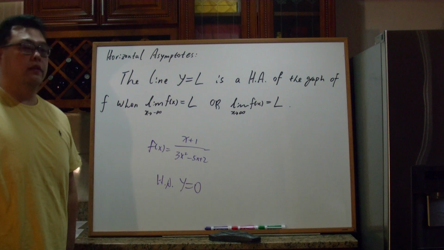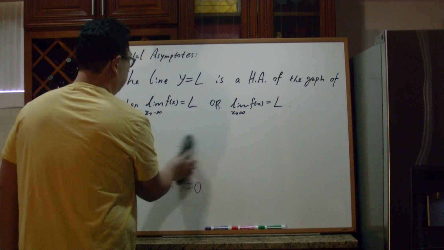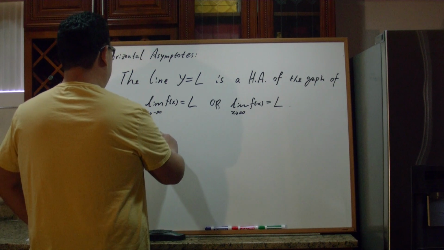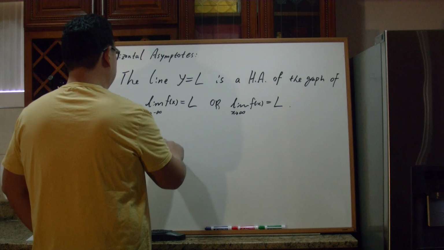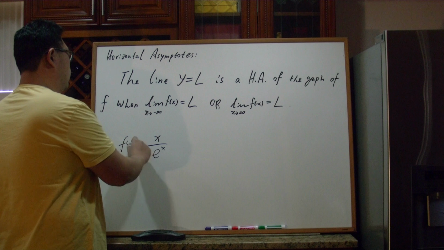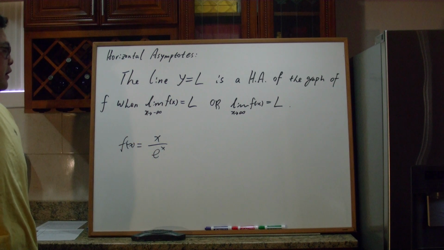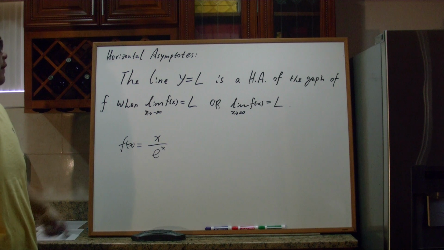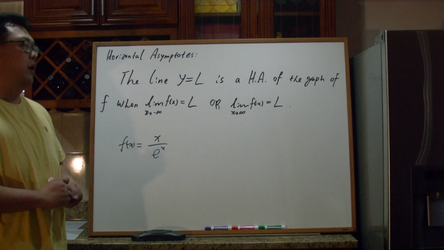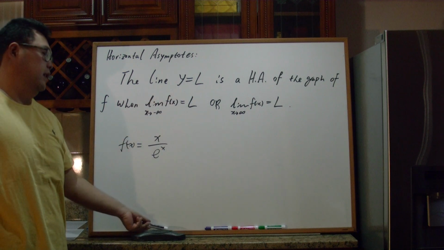That's indeed y equals 0. But for some equations we're not sure, like maybe an exponential function. Or given this type of function, we do not know what the horizontal asymptote looks like. Then we have to evaluate the limit from the left and from the right to see what will happen, whether L exists or maybe it is infinity.